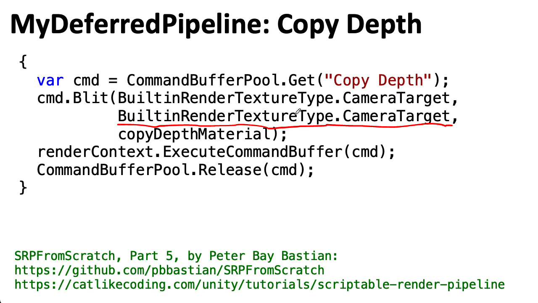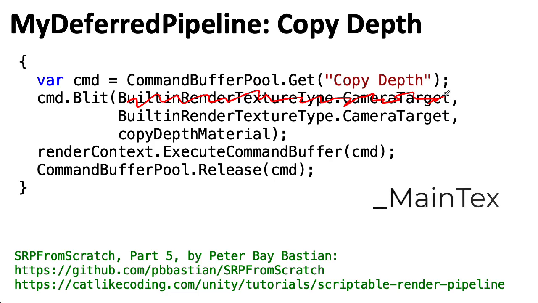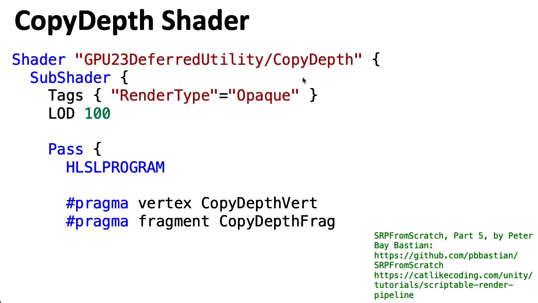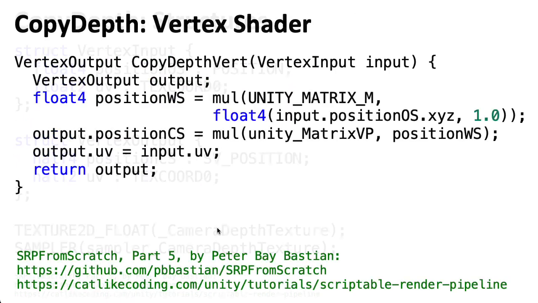So we're going to write to that, that's our destination, and we're going to write to it using our CopyDepth material. Now the first argument here isn't really relevant to what we're doing, it's just a placeholder. The first argument is associated with the variable underscore main tech in your shader code, but there is no underscore main tech in our CopyDepth shader code.